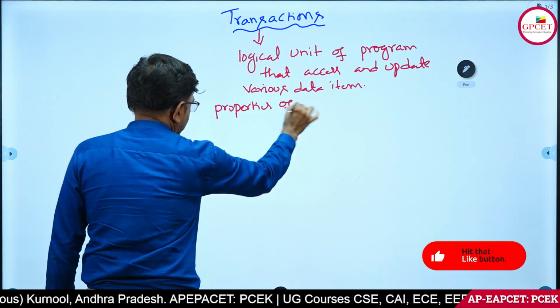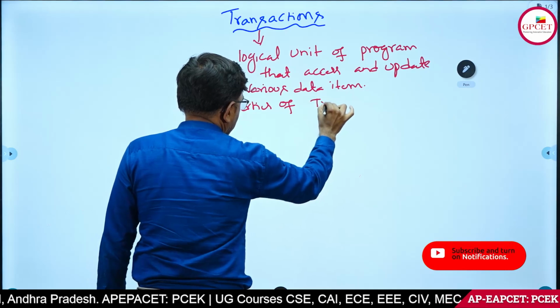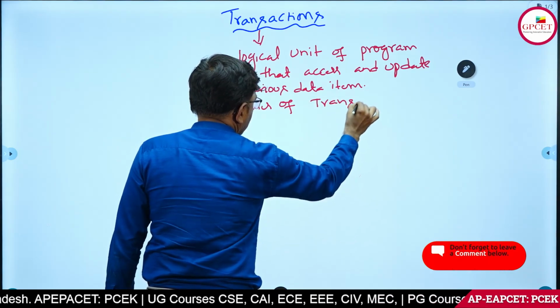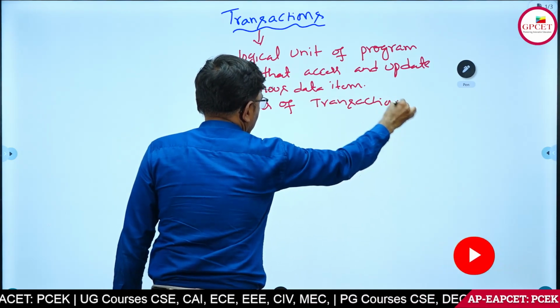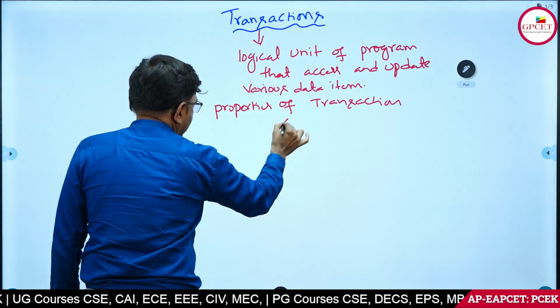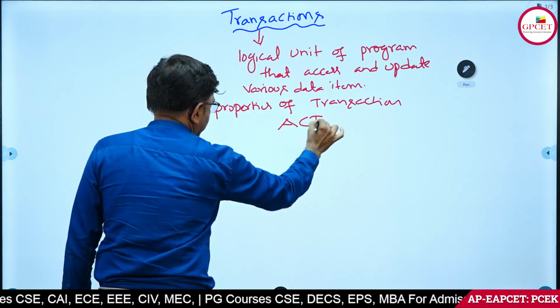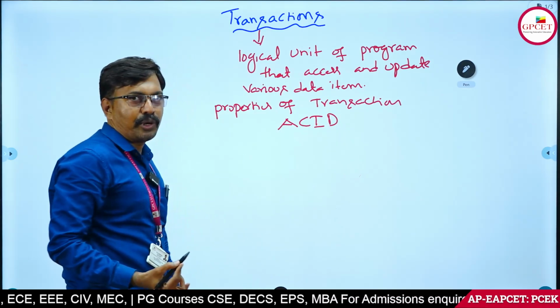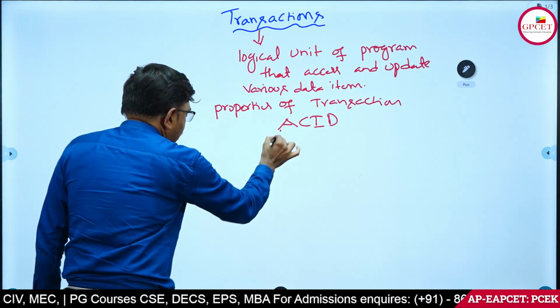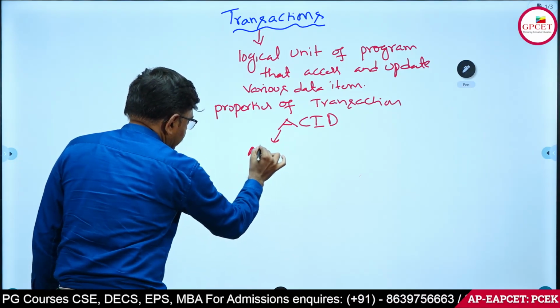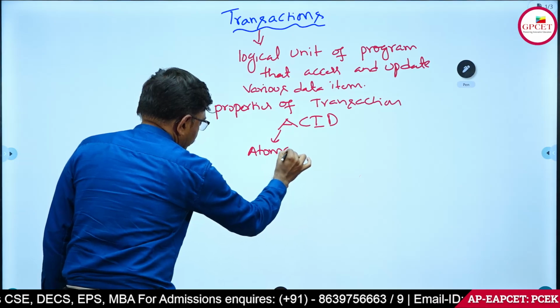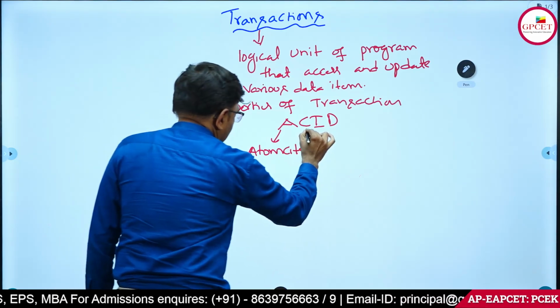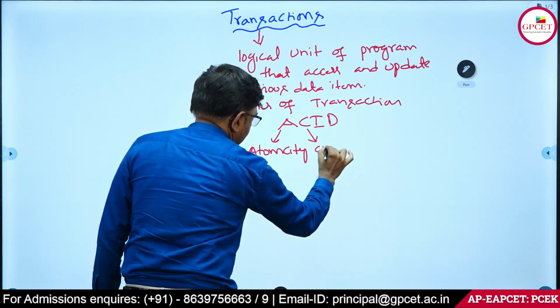Properties of a transaction: ACID properties. A, Atomicity. C, Consistency.